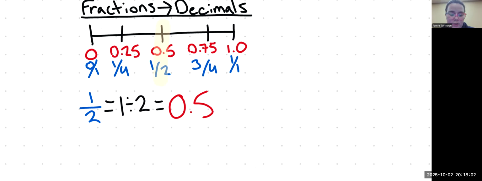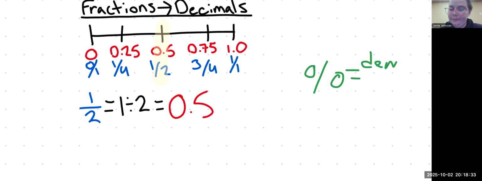Decimals, I should mention, are not the same thing as percentages. Percentages are equal to decimals to the 100th place, or 0.0x.